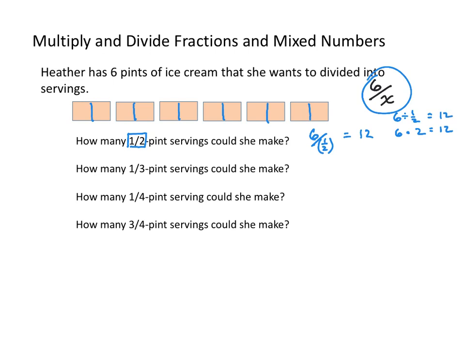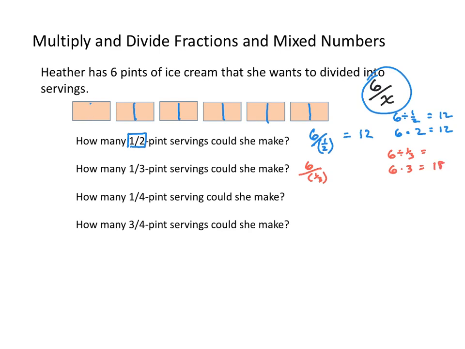All right, let's go to the 1/3 pint servings. So what do you think is going to happen? Well, if we follow the pattern for 6 divided by X, it should be 6 divided by 1/3. 6 divided by 1/3 should be the same as 6 times 3. And 6 times 3 is 18, so there should be 18.